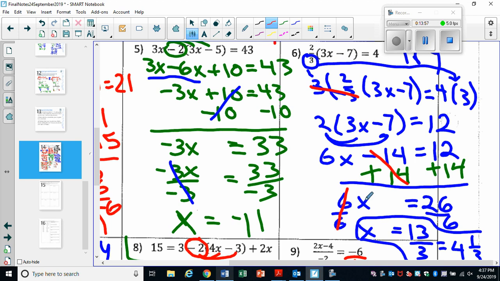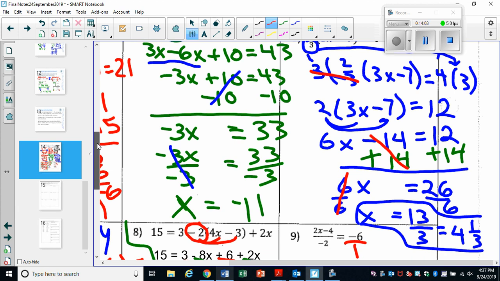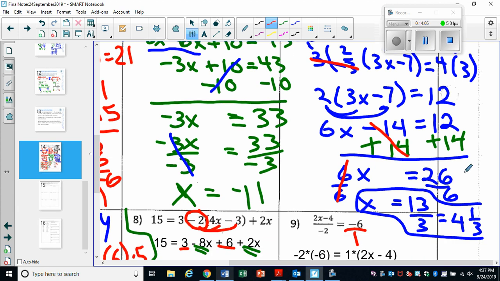I'm just left with essentially 1x, but 1x is the same as x. And that's equal to 13 over 3, because we can divide both 26 by 2 and 6 by 2. So we get a result of 13 over 3, which simplifies, or you can make it a mixed number, 4 1/3.